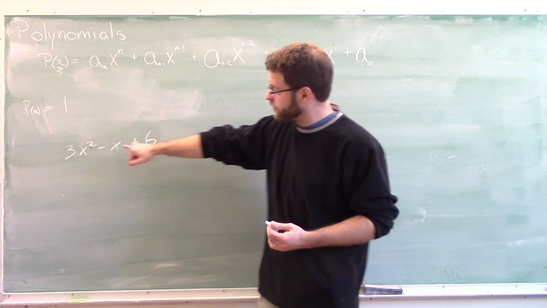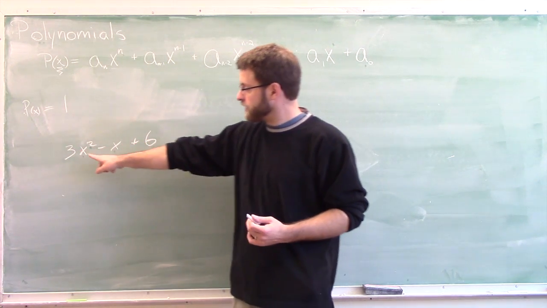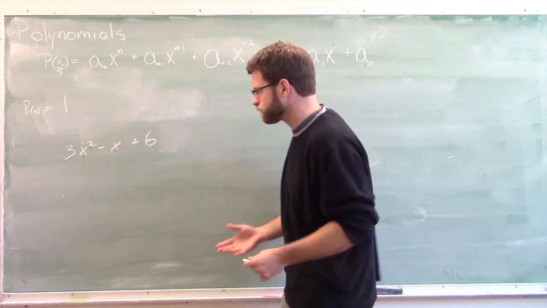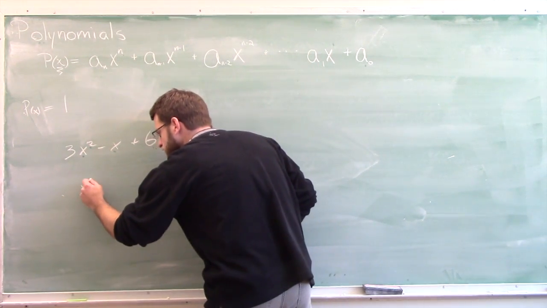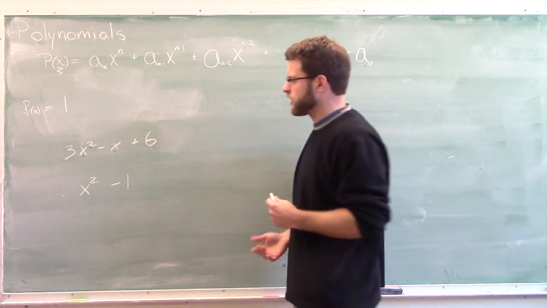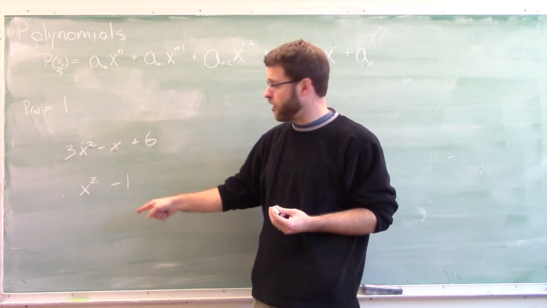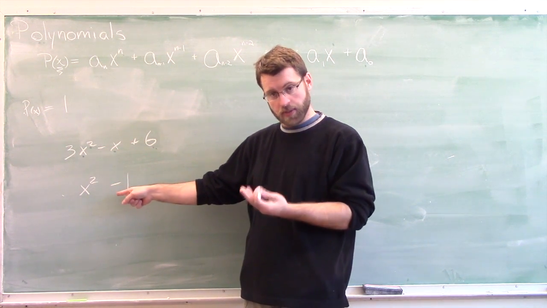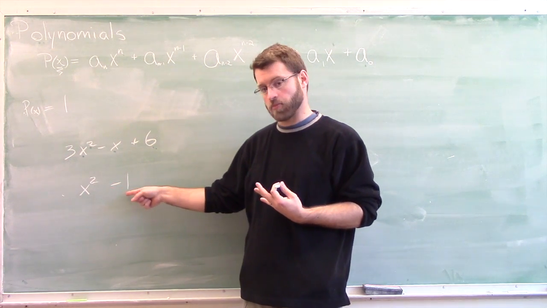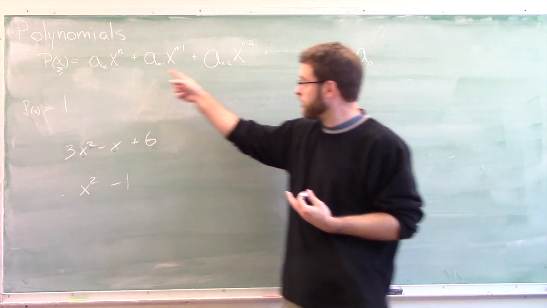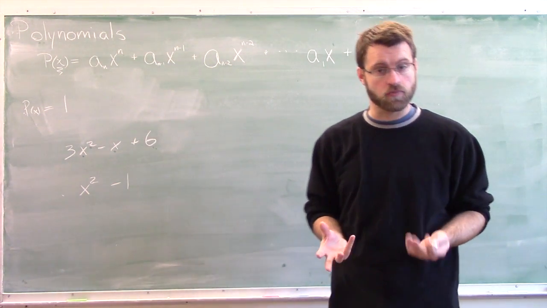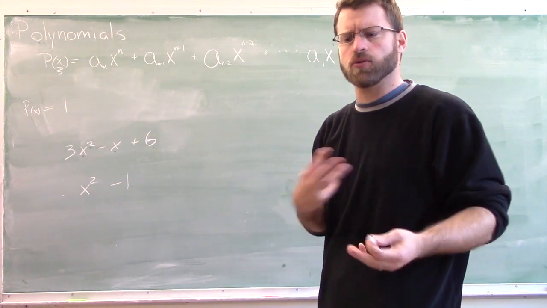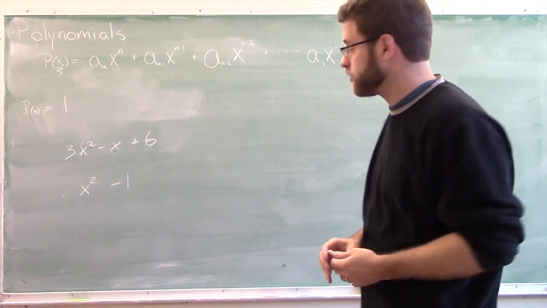So this is an example of a second degree polynomial. It has an x squared term, an x term, and a constant term. We could also have x squared minus 1. This is another example of a polynomial. Here, there's no x term that appears, but this is still a second degree polynomial. Okay? Having a coefficient of 0 is perfectly reasonable, and it's something that we actually need to worry about in situations where we need to divide polynomials.